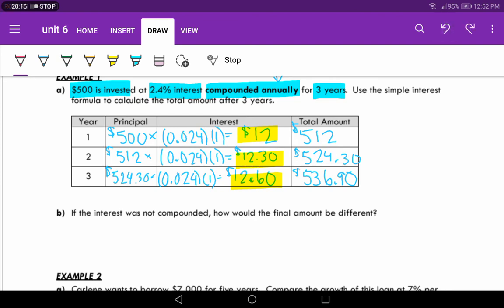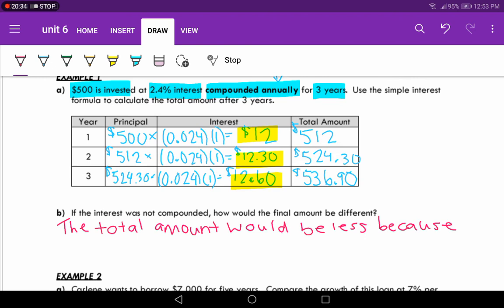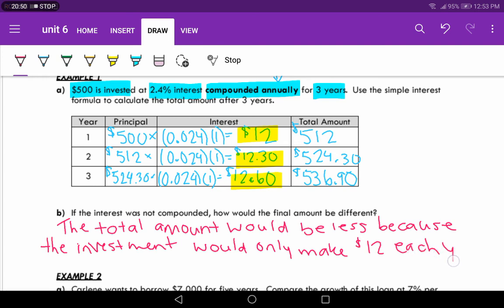So the total amount would be less because the investment would only make $12 each year.